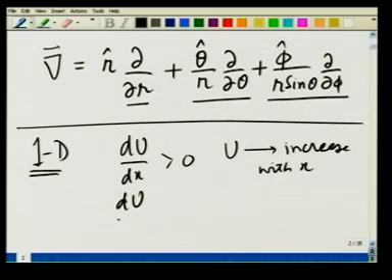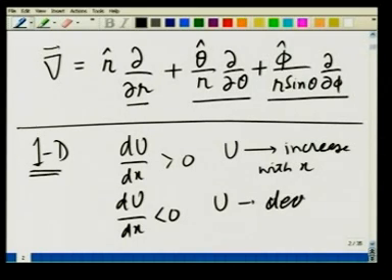If du/dx is less than 0, u decreases with x. What can we talk about in 3 dimensions? Does it increase in all the directions? How does the gradient tell you in which direction the function is changing, and so on.